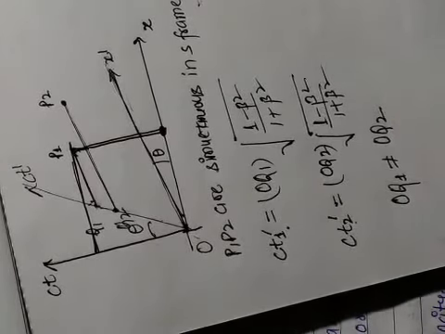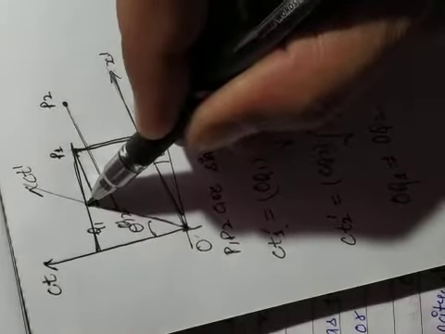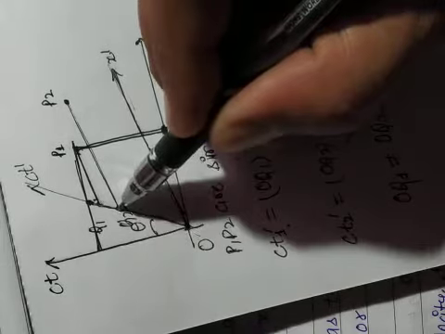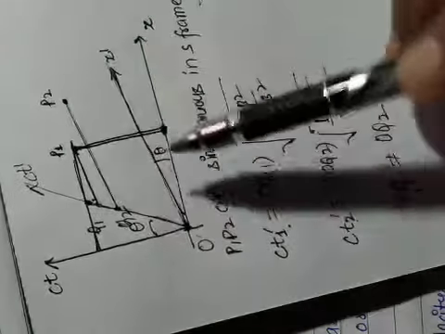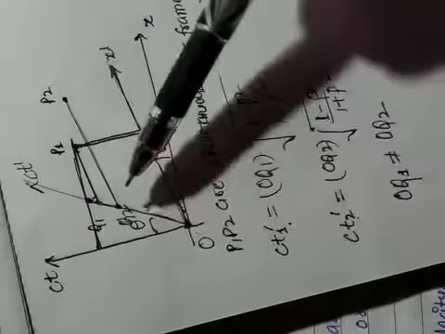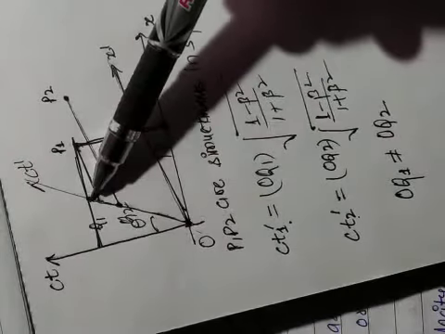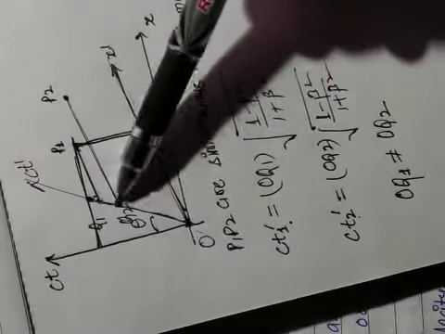OQ1 does not equal OQ2. Look here: OQ1 is the distance from this point Q1 to the origin O, and OQ2 is the distance from this point Q2 to the origin O. OQ1 is this length, and OQ2 is this length.